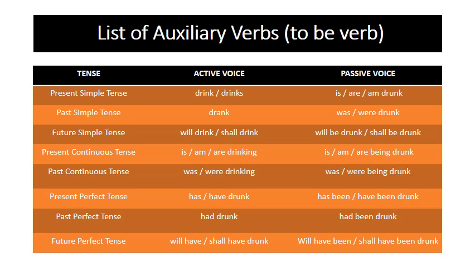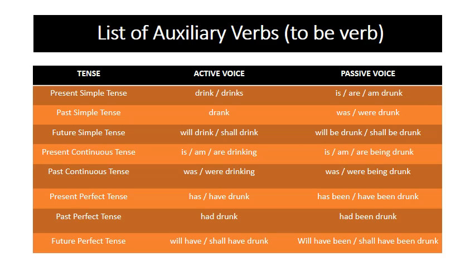So, the tenses that cannot be converted into passive form are perfect continuous tenses in all the 3 time periods: present, past, and future, and future continuous tense.